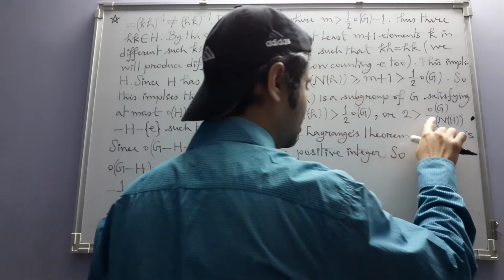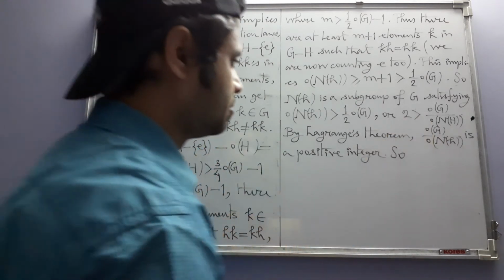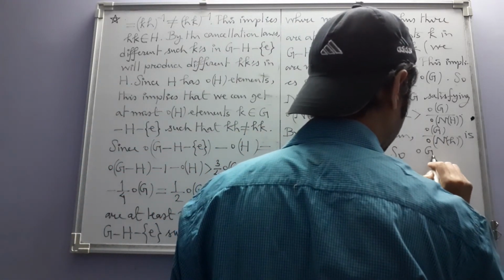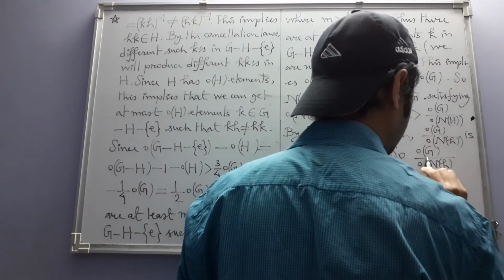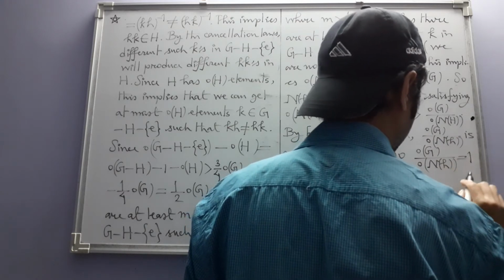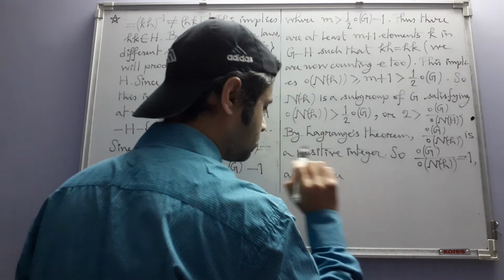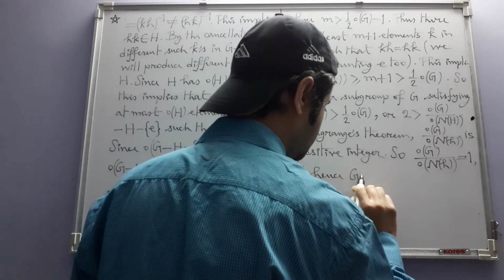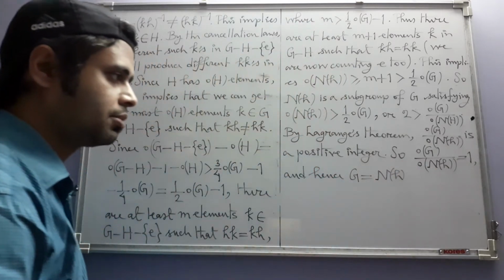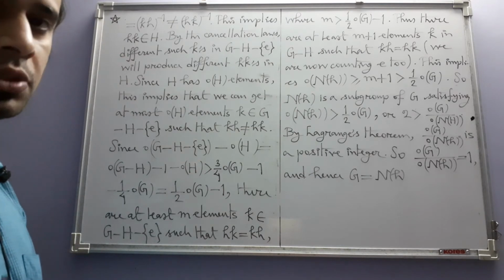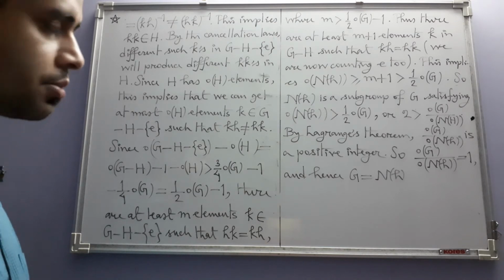So what does this inequality tell us? It tells us that this quotient must be equal to 1. And hence the orders should be equal, and because N(h) is a subset of G and G is finite, the sets themselves must be equal.